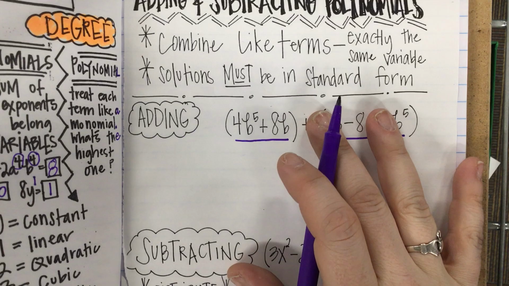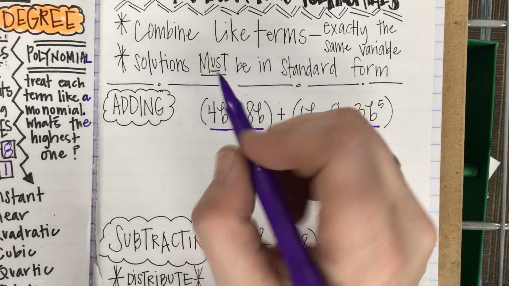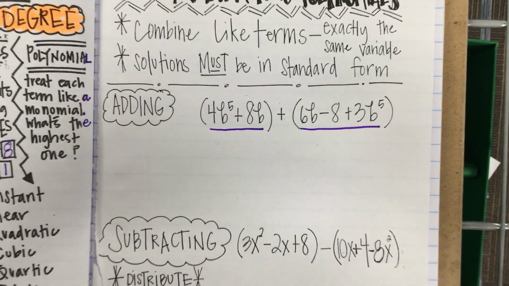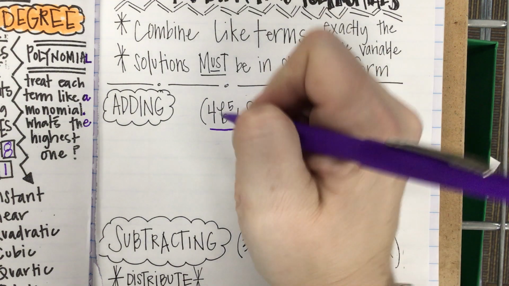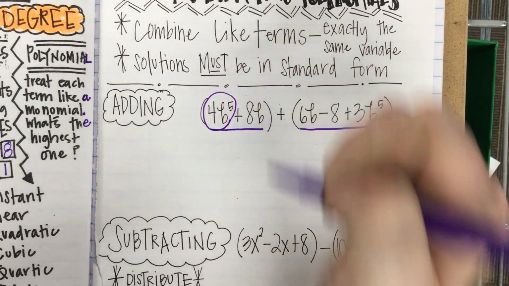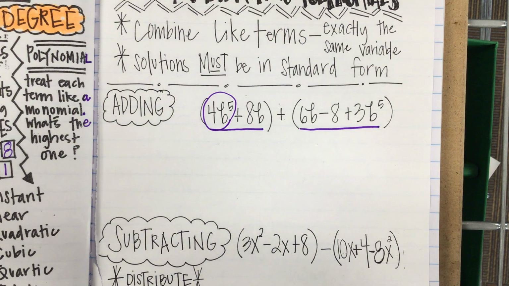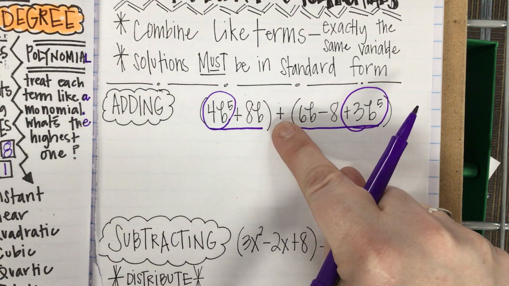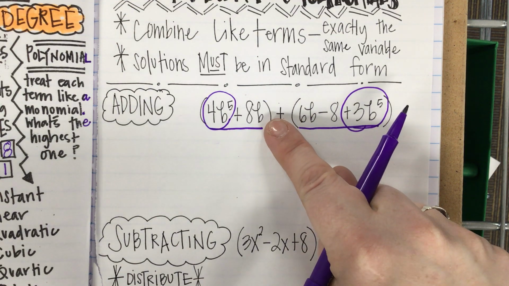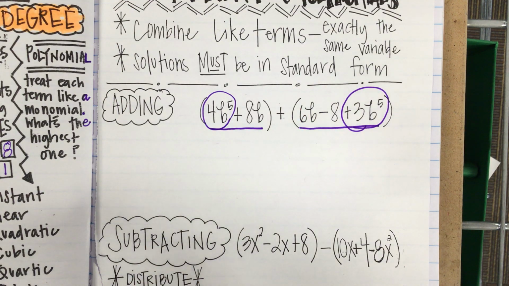The other part is that our solutions must be in standard form, meaning exponents in order greatest to least. So, what is my largest exponent? To the 5th. I've got 4b to the 5th, and what combines with it? 3b to the 5th. Addition problems are super easy because all you have to do is straight up combine like terms.